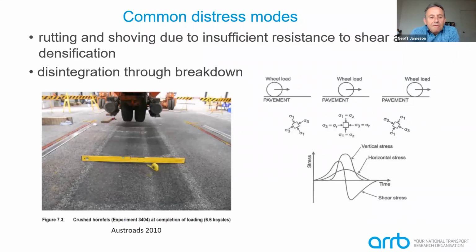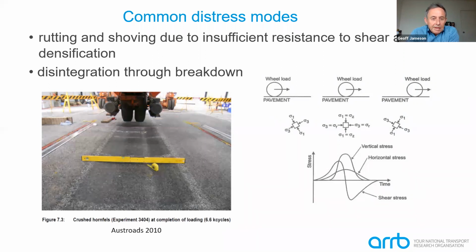In terms of the distress modes for granular materials, we're concerned about the rutting and shoving of granular materials due to insufficient shear strength and or due to densification. If they haven't been compacted adequately, they might rut by densifying under the traffic loading.